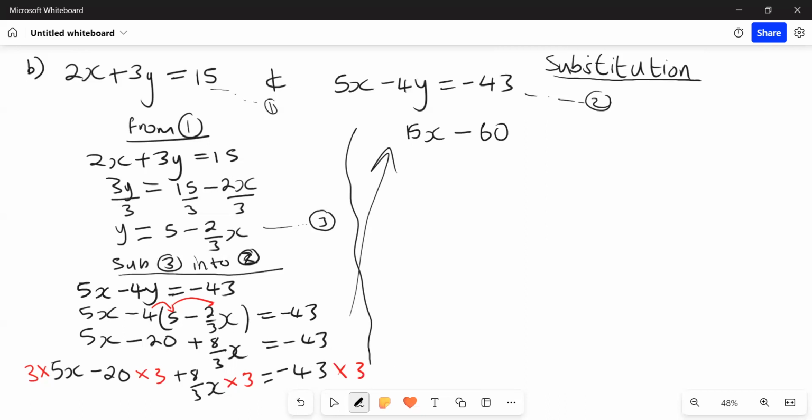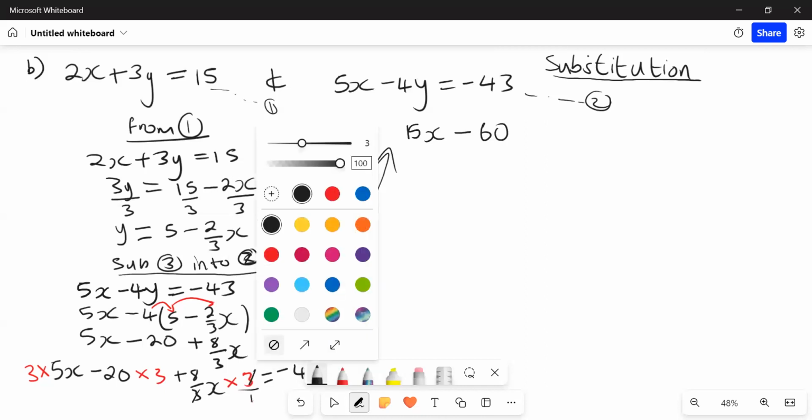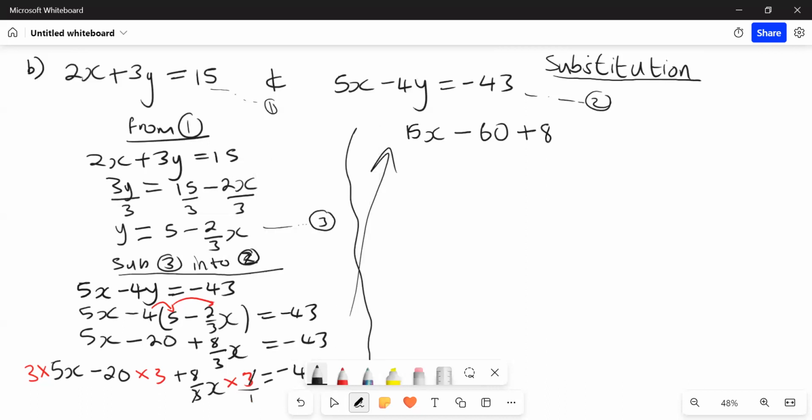And then the 3 and 3 will cancel, so we have positive 8, that's plus 8x, equals minus 129, right? Remember, negative 43 times 3 is minus 129.